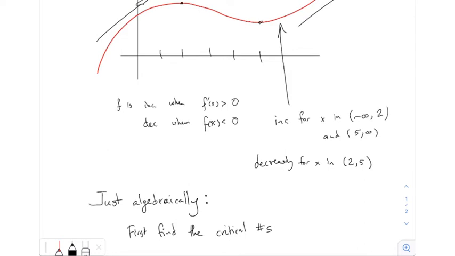For really nice functions, you don't even have to care about the does not exist part. That does come up if you have like a denominator or something. You have to check when the derivative does not exist. But anyway, first we're going to find the critical numbers. These are the places where the derivative is 0 or does not exist. For all values in between, the derivative either has to be positive or negative, and you can just check those.